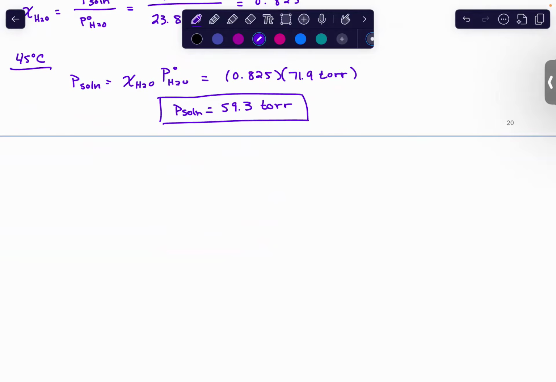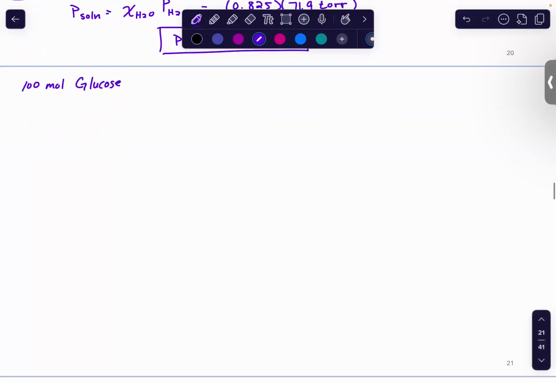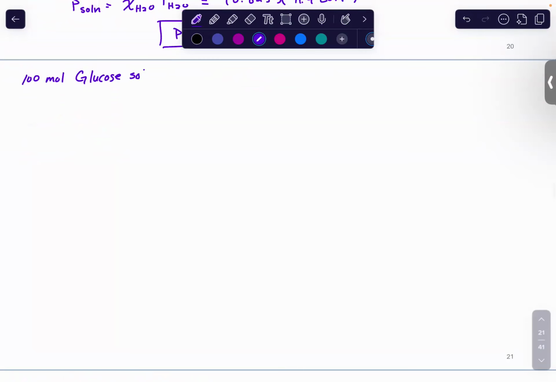So the thing we want to start figuring out is mole numbers. I'm going to start with 100 moles of glucose solution. We'll just call it the solution. Now, you remember this is going to be moles of H2O over moles of solution.